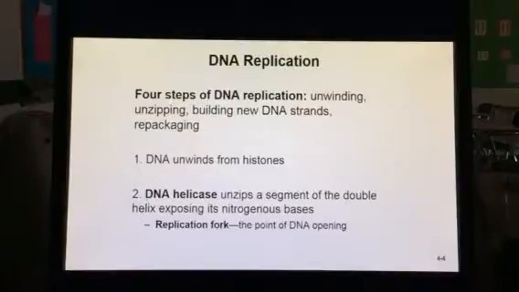When you learned about enzymes, I hope you learned that the ending of most enzyme names is "ase." And so that's how you can remember that DNA helicase is an enzyme. That enzyme helps to separate or unzip a segment of the DNA molecule. That point of the DNA opening has a special name. It is called the replication fork.